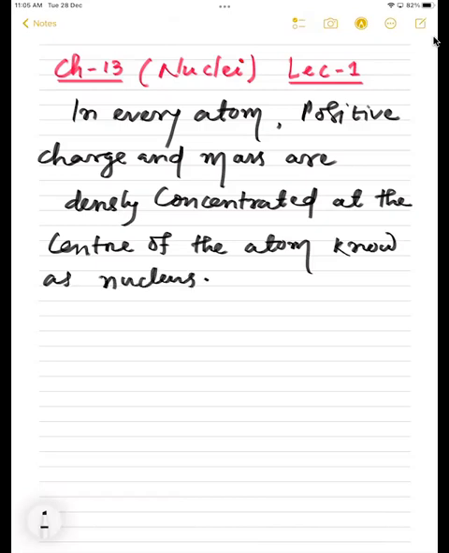Correct, students? So in this chapter, we'll study the different properties of the nucleus.